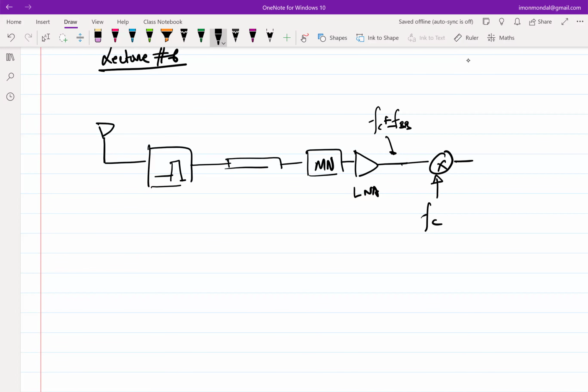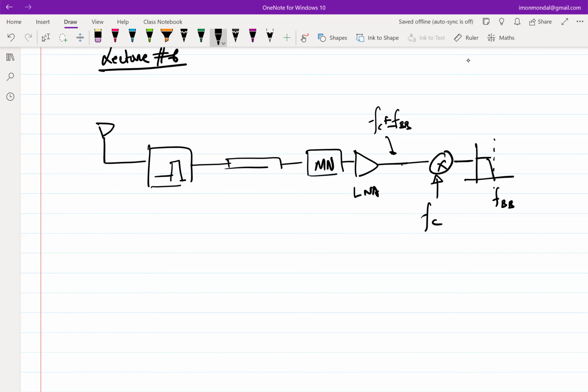Baseband means a signal of much lower frequency than FC. Typically FC may be a gigahertz and FBB a couple of megahertz or tens of megahertz, so the low pass filter can be of bandwidth FBB, much less than FC.